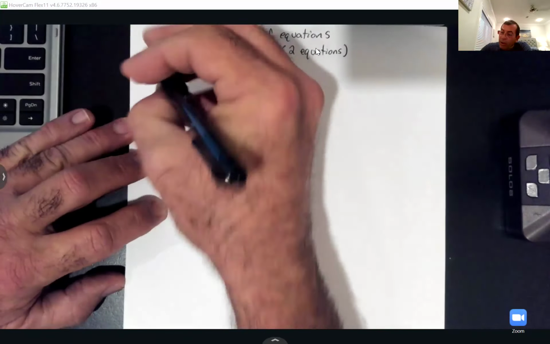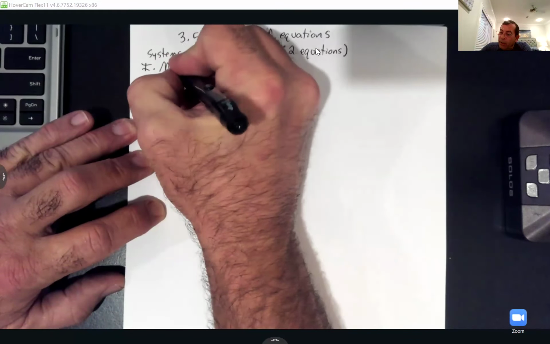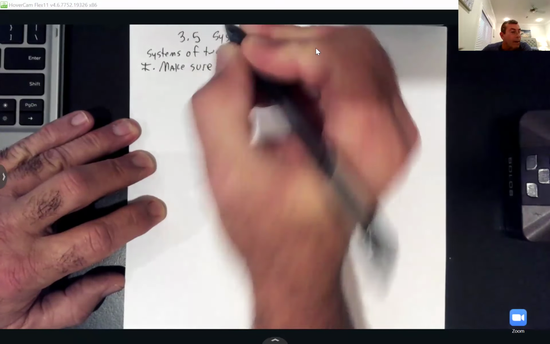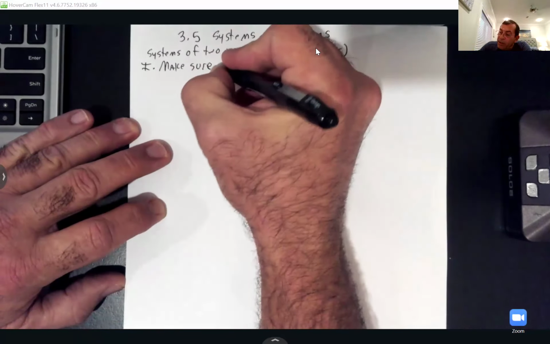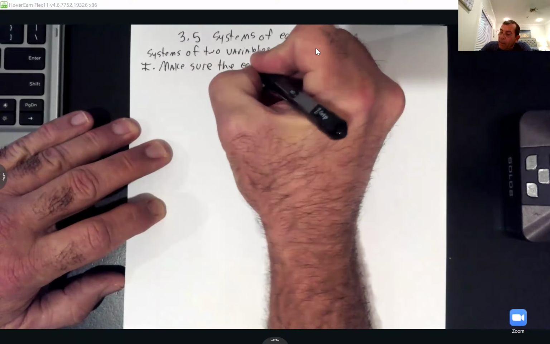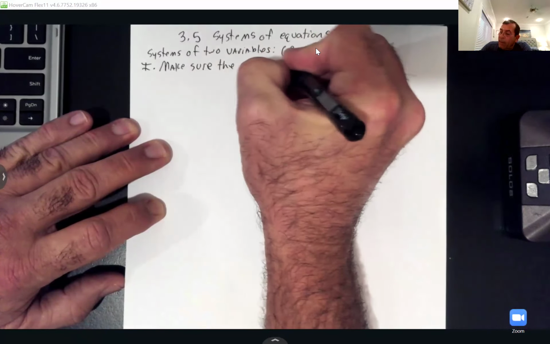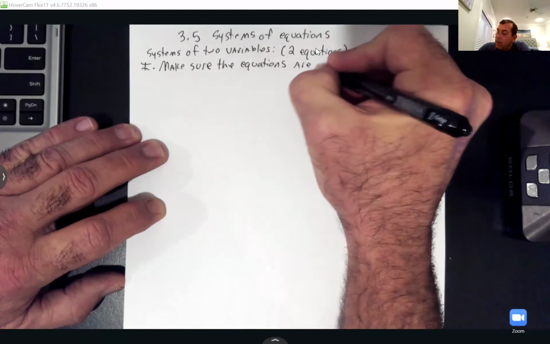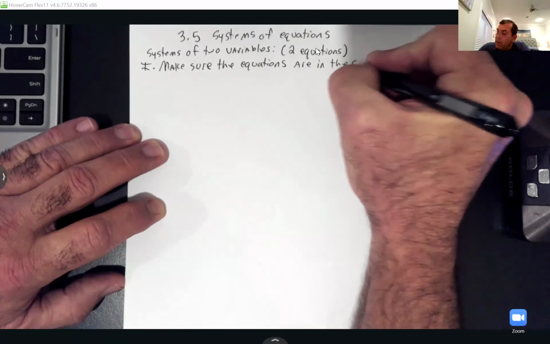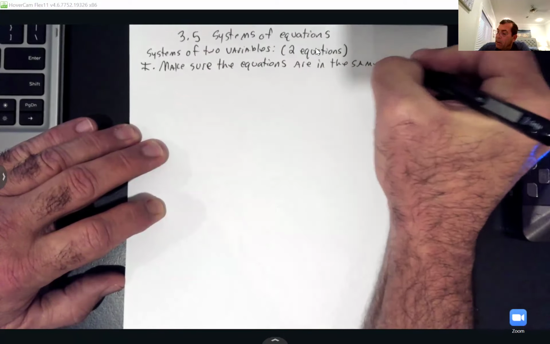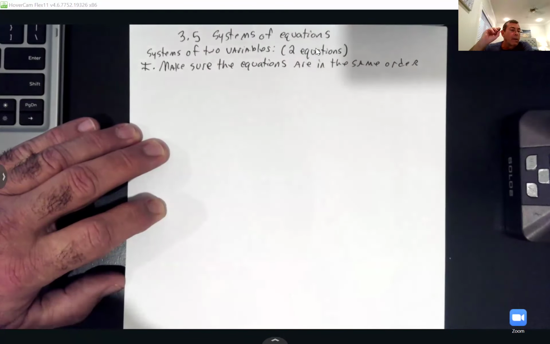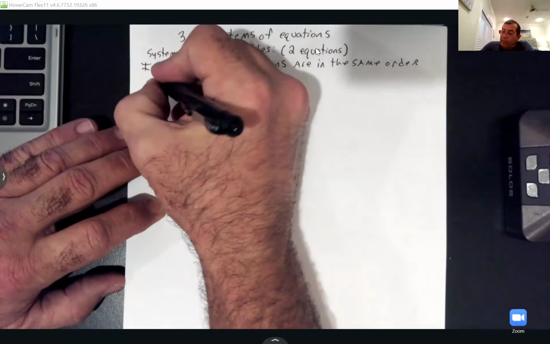So the main thing you want to do, you want to make sure the equations are in the same order with the variables.